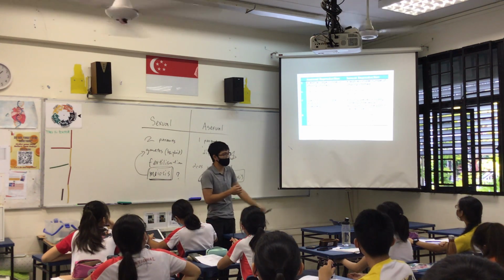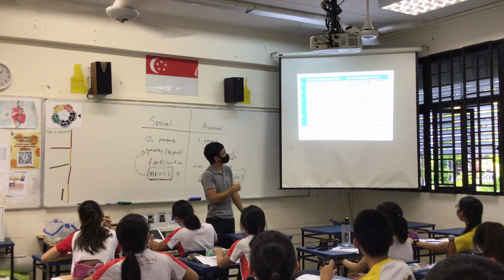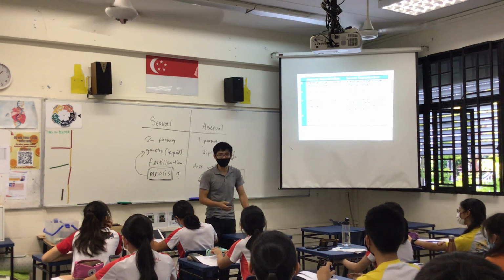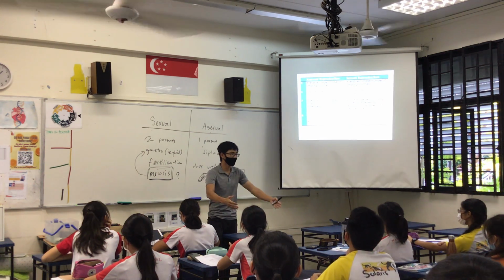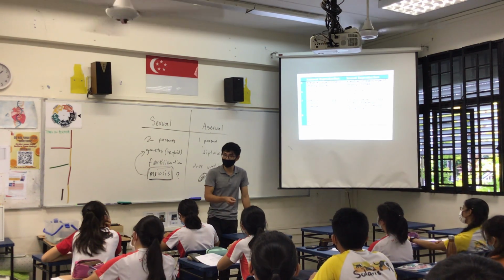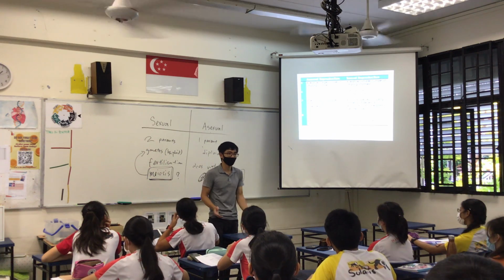Asexual reproduction is usually associated with colonization and a static environment. Sexual reproduction tends to be associated with a changing environment. If the environment is rather fixed, there is no change in climate, asexual reproduction may occur more because there's no need to have diversity.